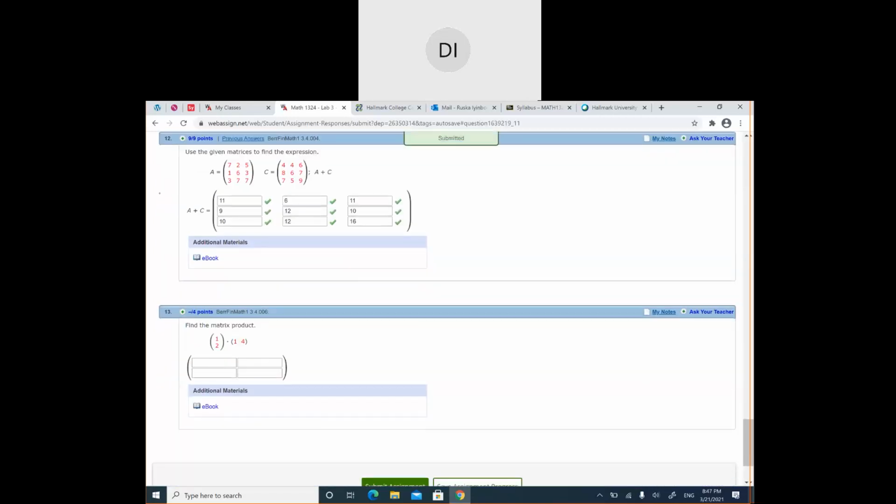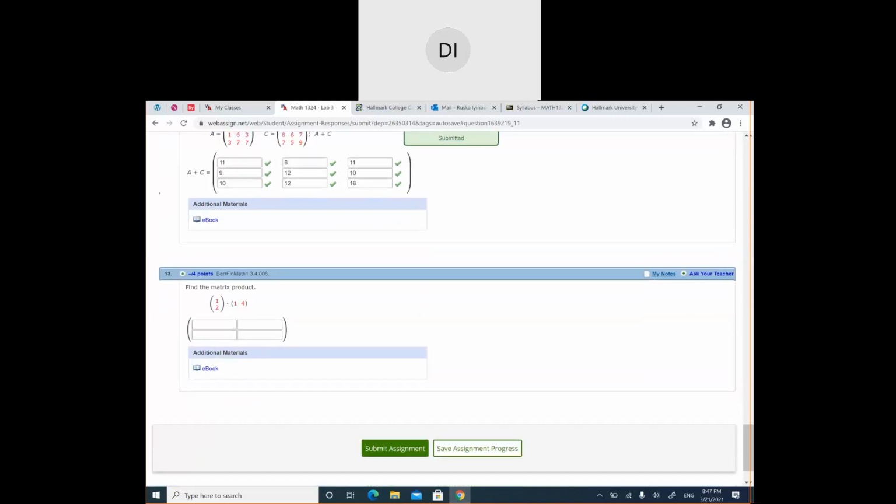That's it. Okay, and then the last question for this week is find the product of two matrices. So multiplying 1 and 2, which is a matrix with 2 rows and 1 column, and the other one is 1 row and 2 columns. So we're multiplying element by element, and this is how you do it. We're multiplying the first row by the first column, and that's going to be this number here, because this number is element 1 1.